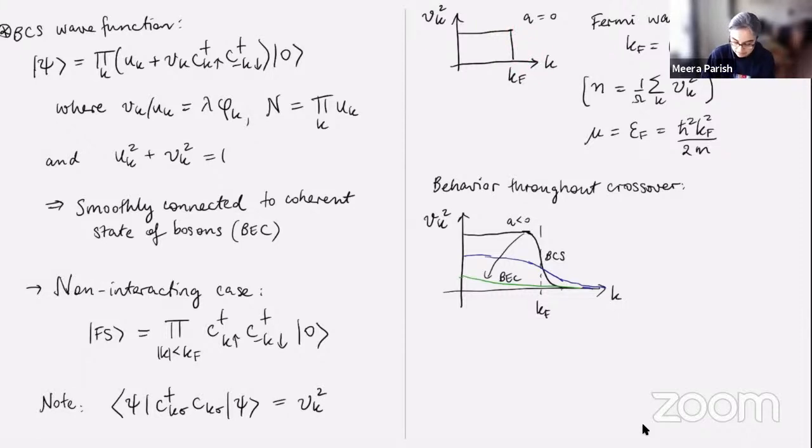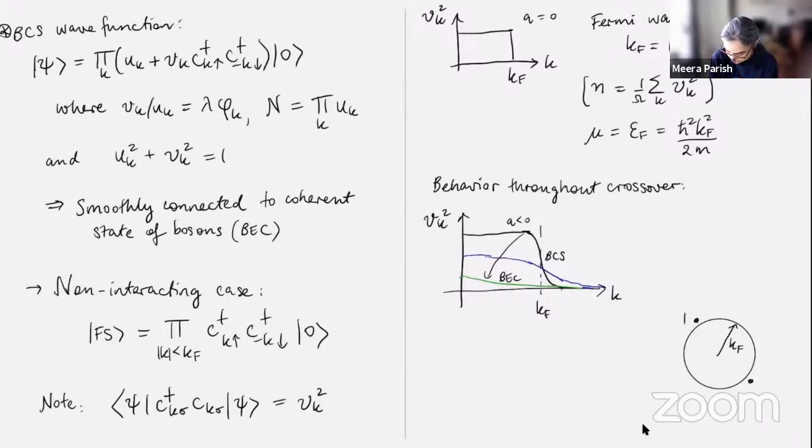This is often how people might draw it: you have your filled Fermi sea up to k_F. And the way they originally thought about it, when Bardeen, Cooper and Schrieffer, actually it was Cooper, was trying to think about pairing in this many-body sense, a weak pairing, is the so-called Cooper pair problem.